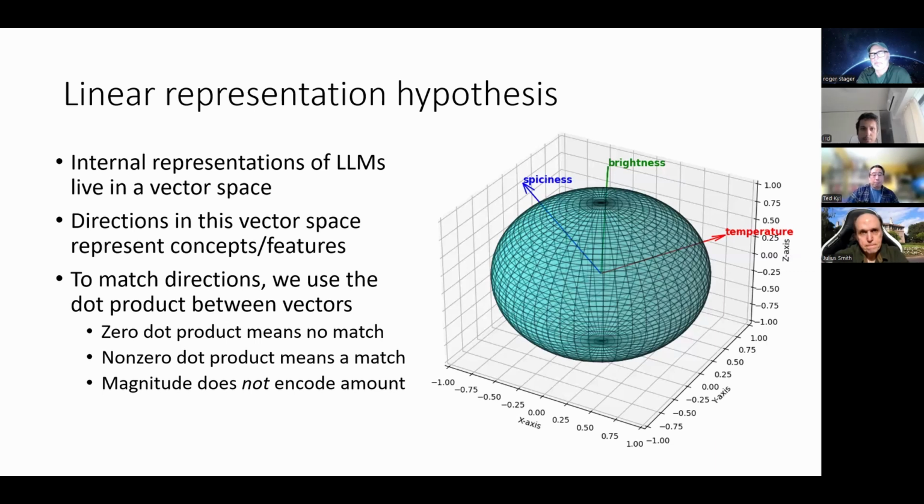But by and large, this representation is there is a direction for the Eiffel Tower, there is a direction for the Golden Gate Bridge, and because of the nature of high dimensional spaces, even if you're not dedicating a truly orthogonal vector, you can have many, many directions that you pick that are super close to being orthogonal to each other. And so you can have many, many more than 4,000.